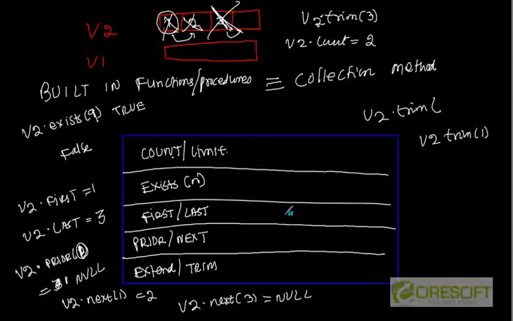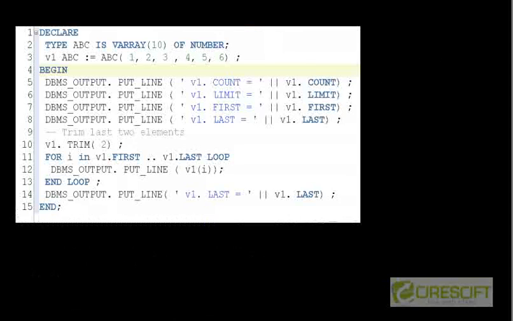Okay, so these are called collection methods. By using collection methods, we basically manipulate the VARRAY. And here is an example of how we are going to manipulate the VARRAY.